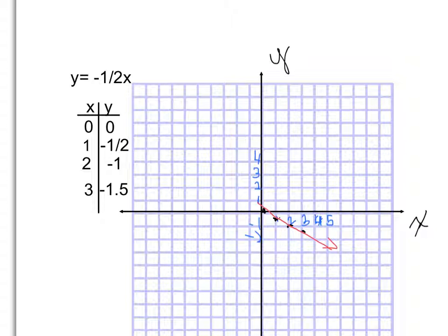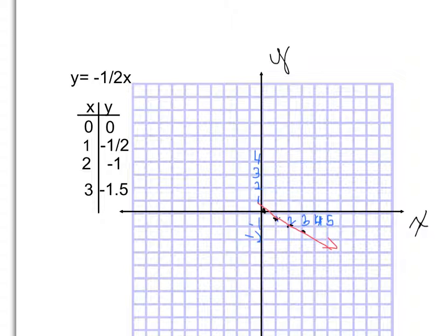Pretty simple. Okay, so this is a negative slope. Remember, negative, think sad. The line is going down. Also, what kind of proportion is this? It passes through the origin, but because it's passing through the origin does not guarantee that it's a direct proportion. I have to look at what's going on.